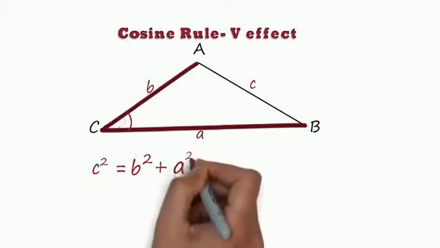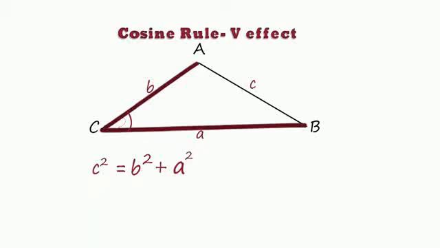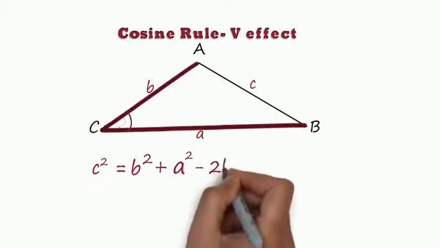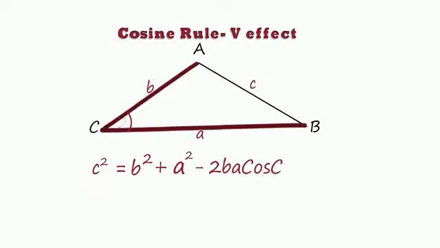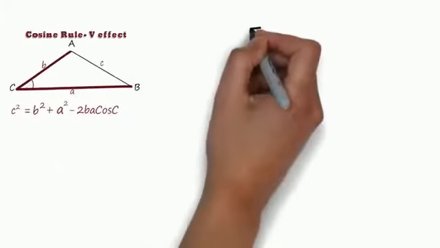So it's side squared plus side squared minus 2ba, again 2 times the sides, cos C, the C that we're looking for.